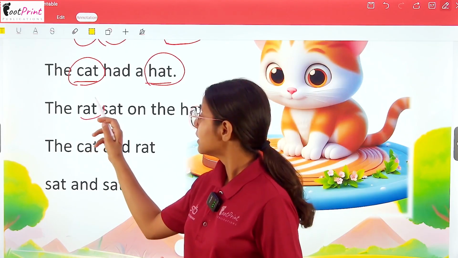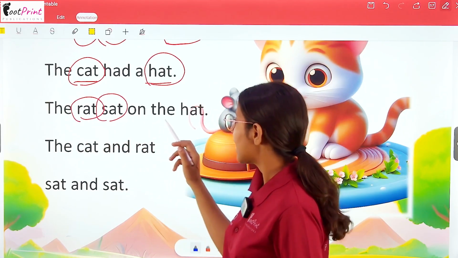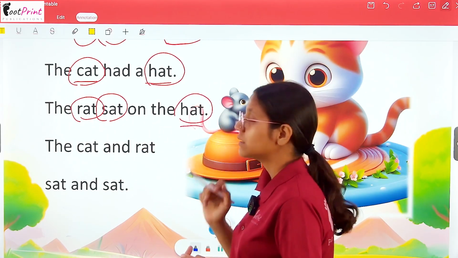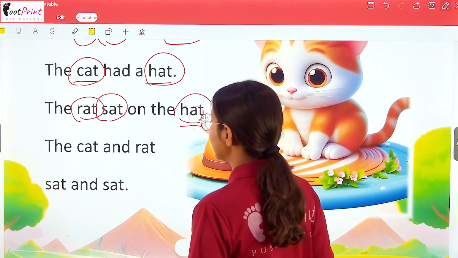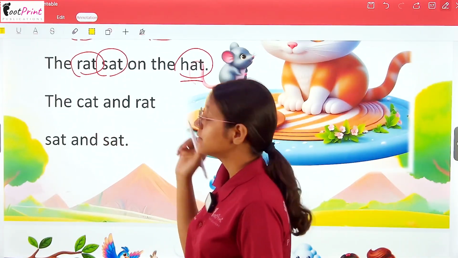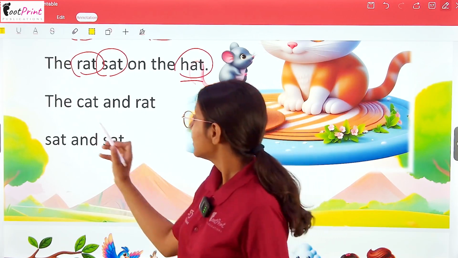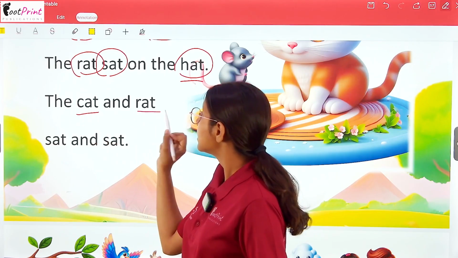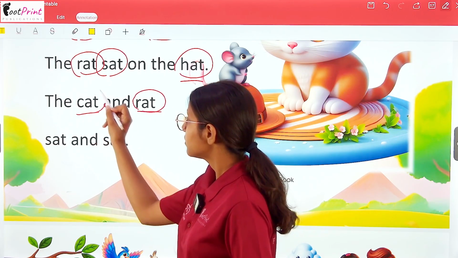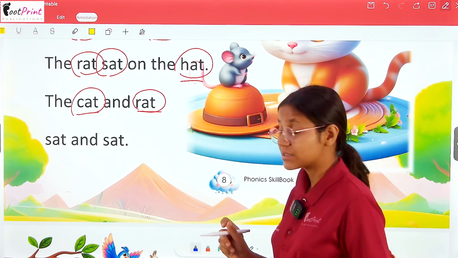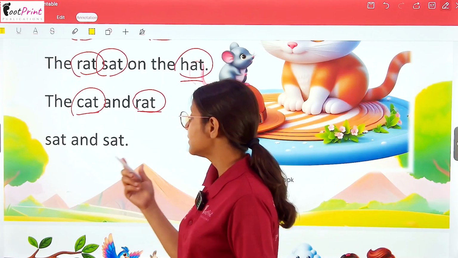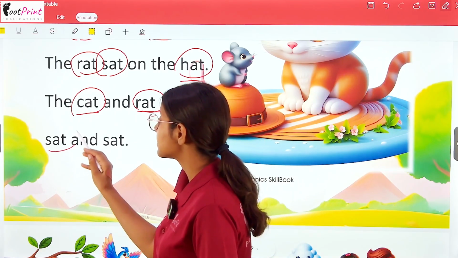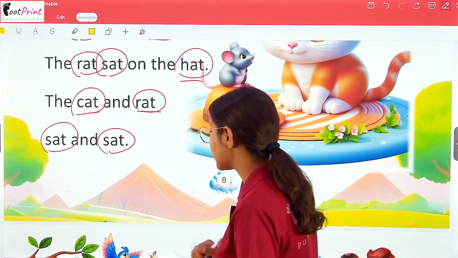So we will circle rat, sat and hat. Now, the cat and rat. The words are cat and rat. Last line, the cat sat and sat. So we will circle sat.